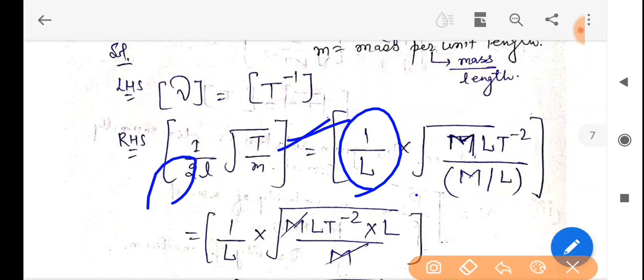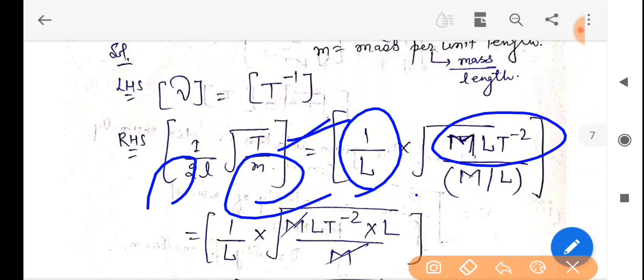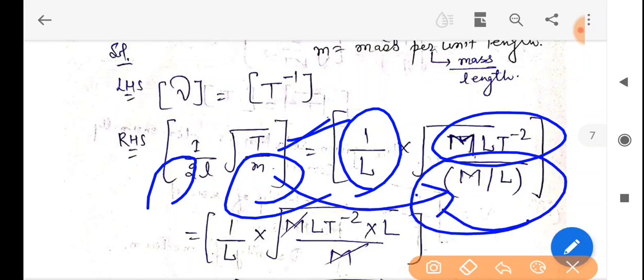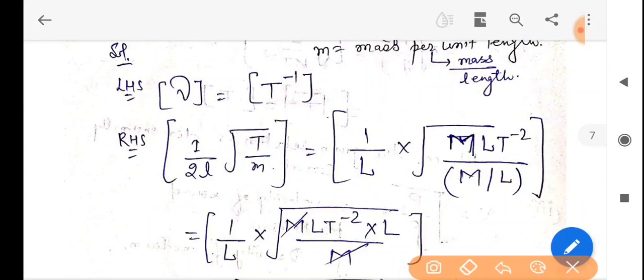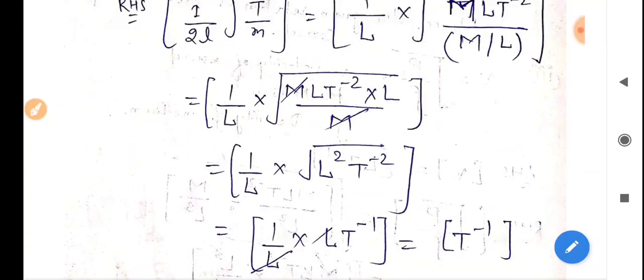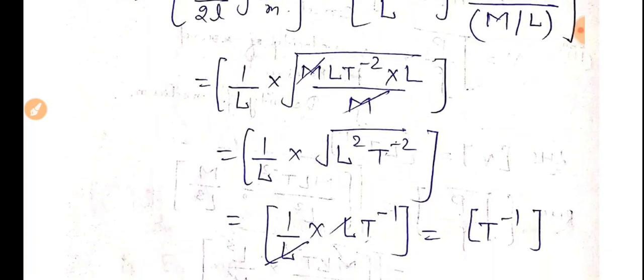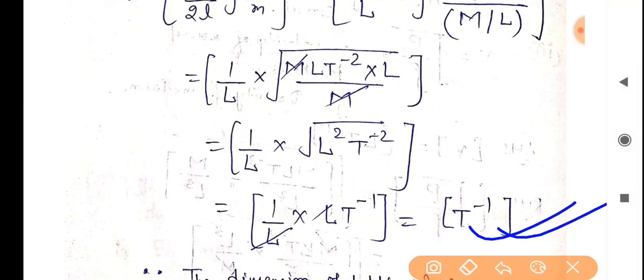Tension is a type of force, so it is MLT minus 2, and M is mass per unit length, so M divided by L. After simplification the final expression comes out to be T to the power minus 1, dear students.